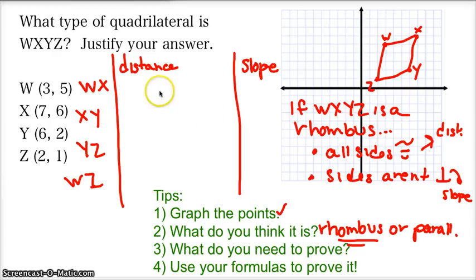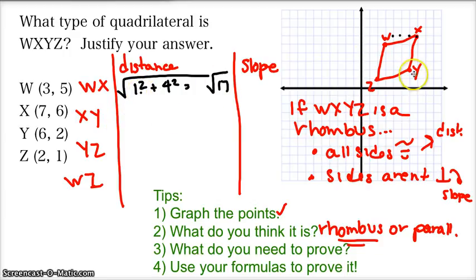So the distance from WX, I'm going to use the idea of rise squared plus run squared. It looks like I am rising 1, running 1, 2, 3, 4. 1 squared plus 4 squared is equal to, well, 1 squared is 1, 4 squared is 16, so the square root of 17, and I'm going to leave it.